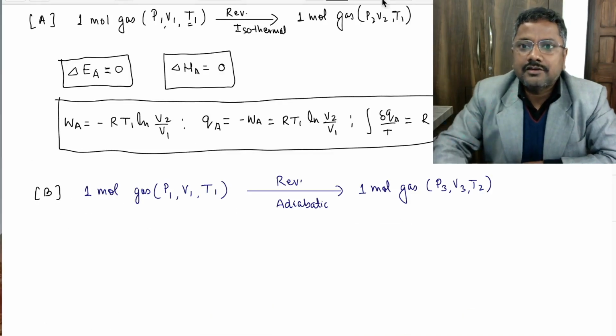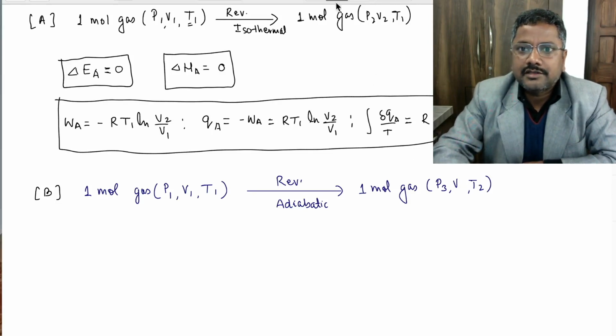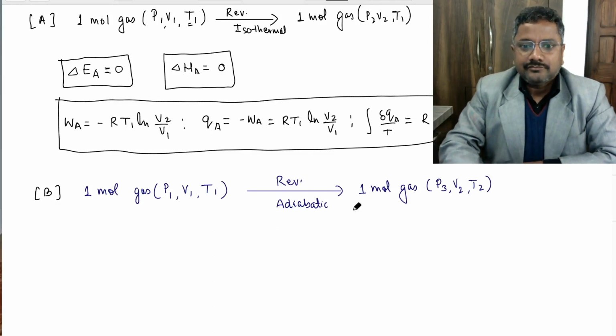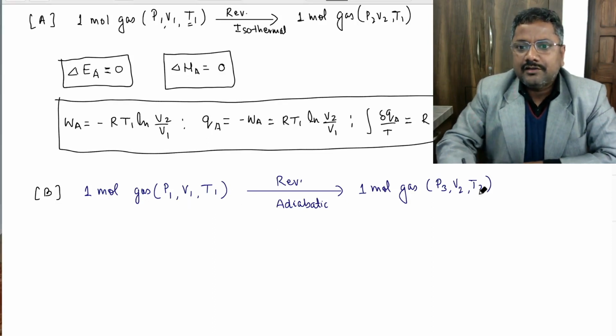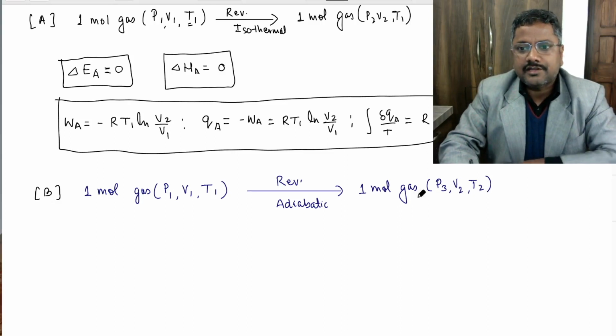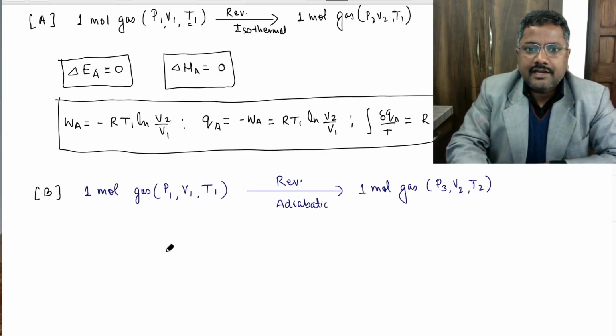See, this is not V3, basically this is V2, because next we are moving isochoric. So P1, V1, T1 and P3, V2, T2; pressure is different. Okay, now it is clear. So this is an adiabatic process.